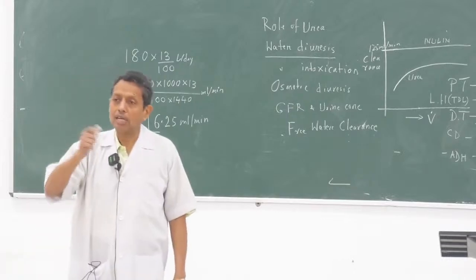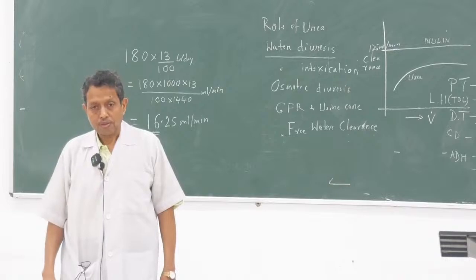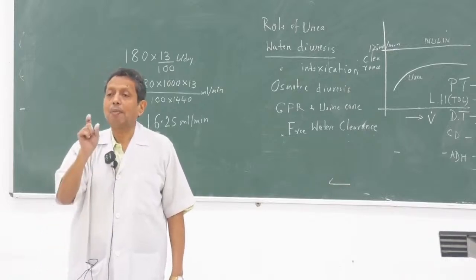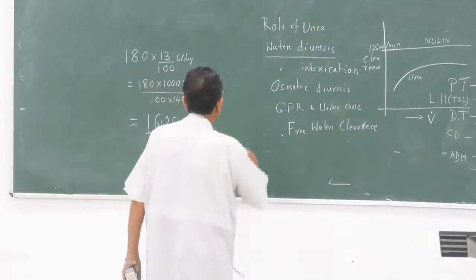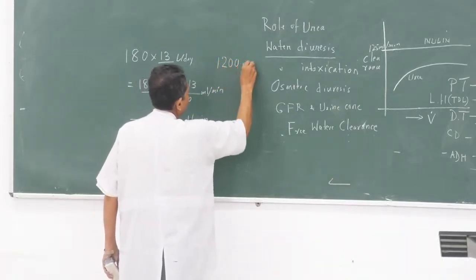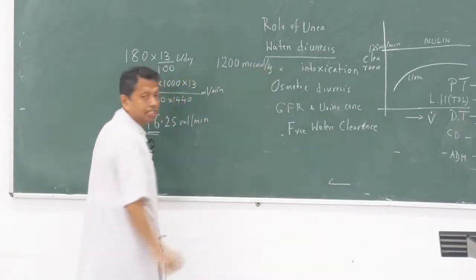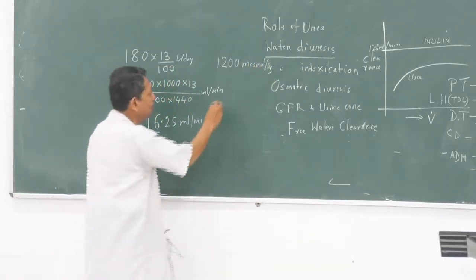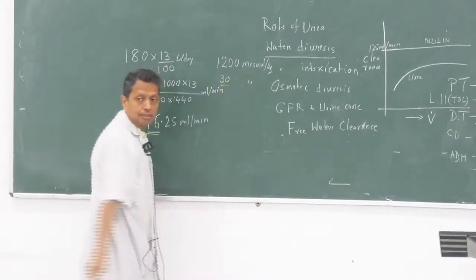If you think in the other way, the maximum capacity of dilution... suppose the maximum capacity of urinary concentration in an individual is 1200 milliosmol per kg, and the minimum, suppose, is 30 milliosmol per kg.